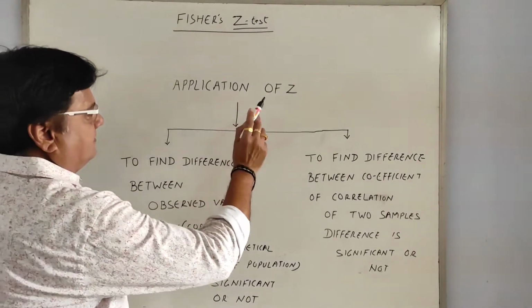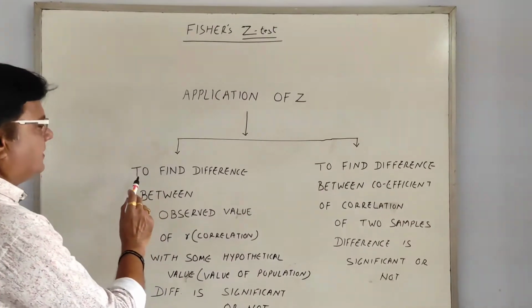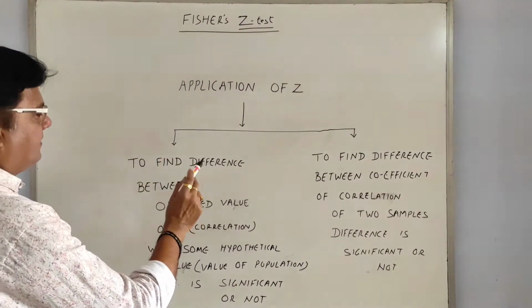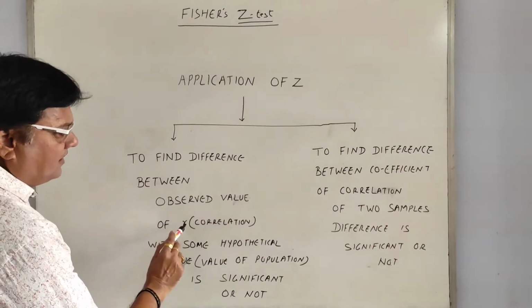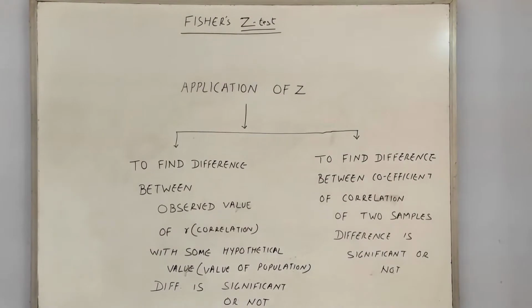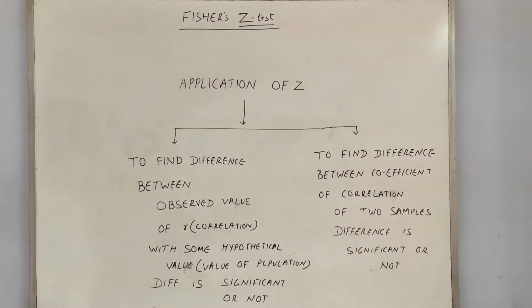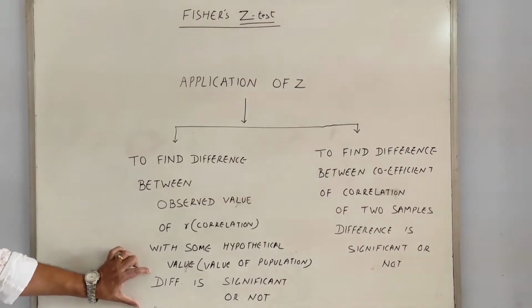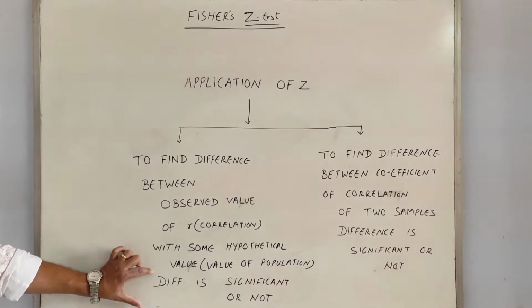Application of Z. It has two types of application. The first one is to find a difference between the observed value of correlation, that is R, and some hypothetical value, which may be the value of the population, and we have to find whether the difference is significant or not.